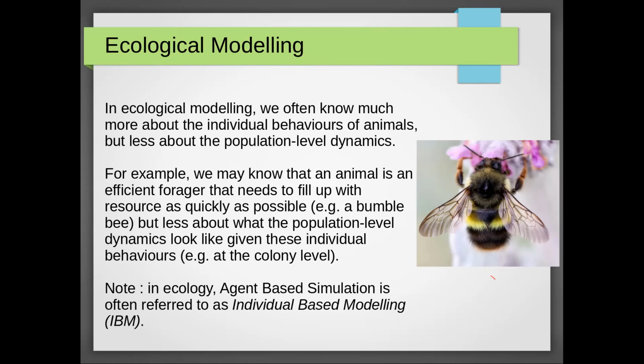And just to say a note, you may also come across this, particularly if you're looking at anything in ecology: agent-based simulation is often referred to as individual-based modeling, or IBM. So you'll sometimes see references to IBM, individual-based modeling, rather than ABS, agent-based simulation. They're used interchangeably. It's exactly the same thing, but individual-based modeling is much more widely used within ecological circles.